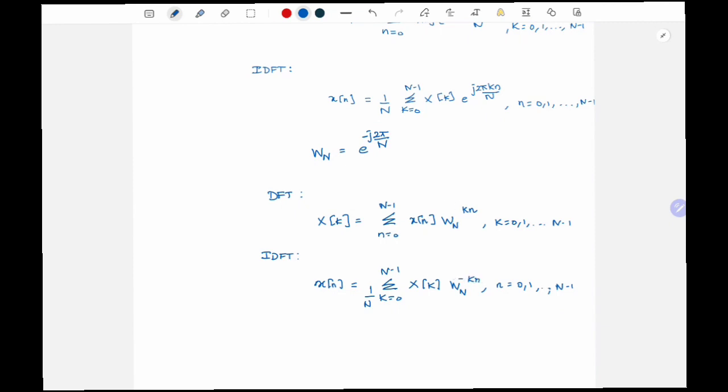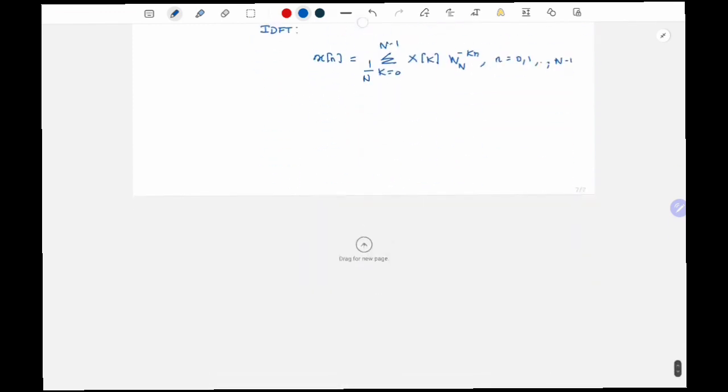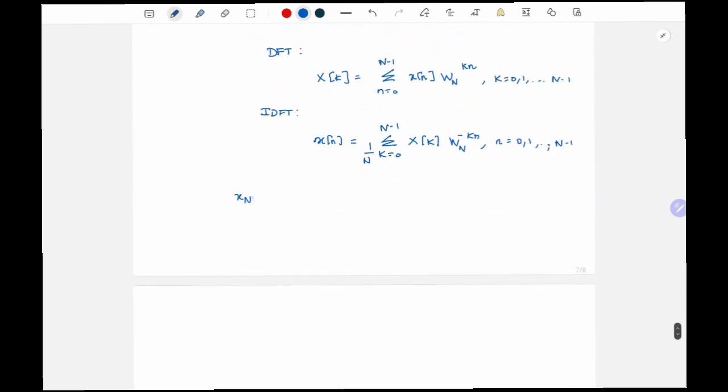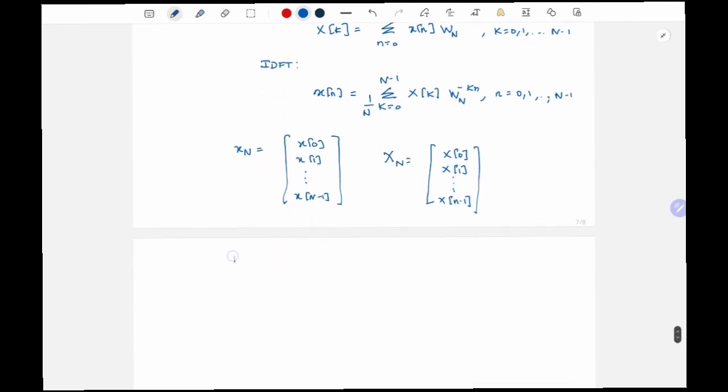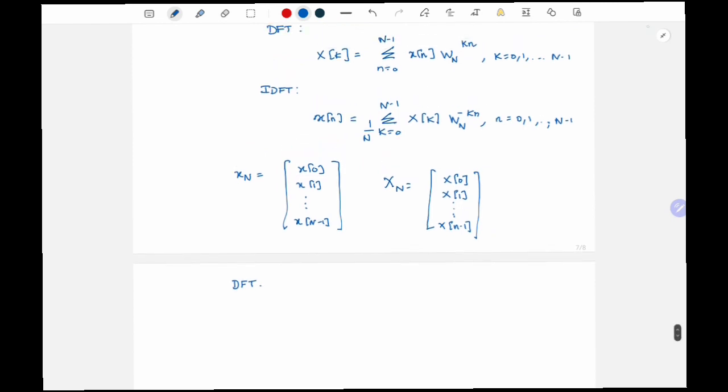So if you just write it in matrix form, right? If you have your x of n as something like x of 0, x of 1 up to x of N minus 1, then how can you write your DFT, with X of k on the left hand side?